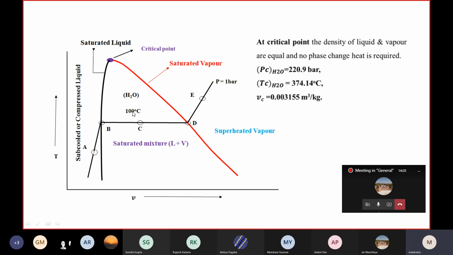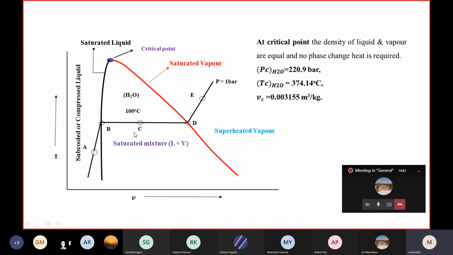So now the issue is when you are operating a certain cycle. That cycle could be a refrigeration cycle or that cycle could be a power cycle like a steam thermal power plant. We will be operating our fluid in such a way that it will be in all the zones.